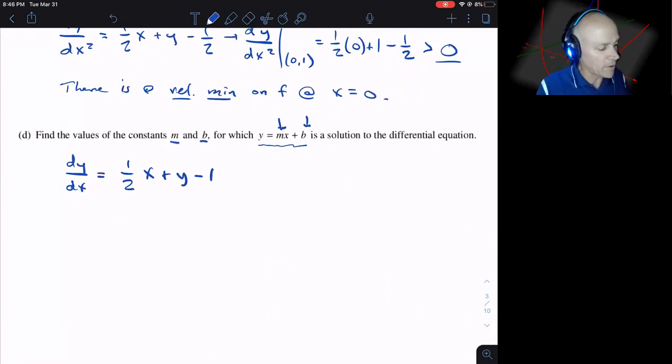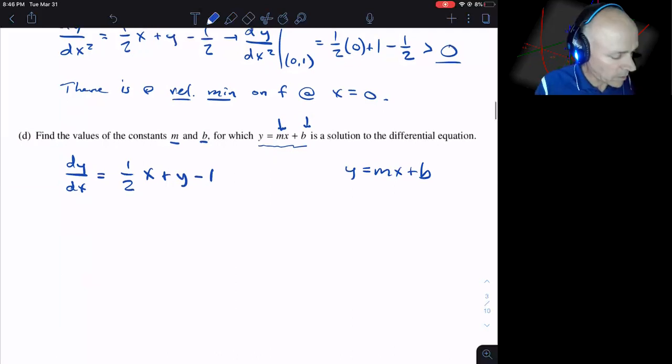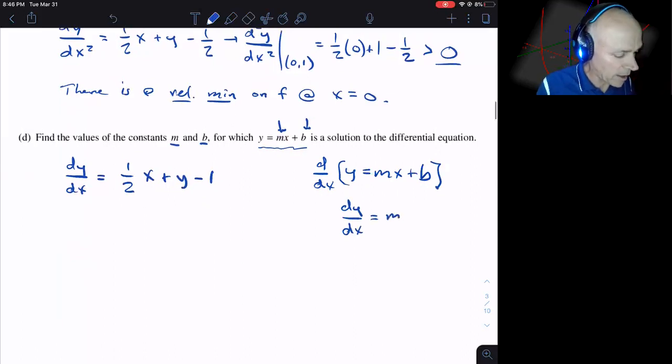If I'm not sure of that, I can say y equals mx plus b, and instead of integrating the differential equation, I could differentiate the particular solution. So I'm taking d/dx of this, and I'm getting that dy/dx is equal to m, since d/dx of mx is just m. That should be no surprise because it just tells me that my derivative is the slope in a linear equation.